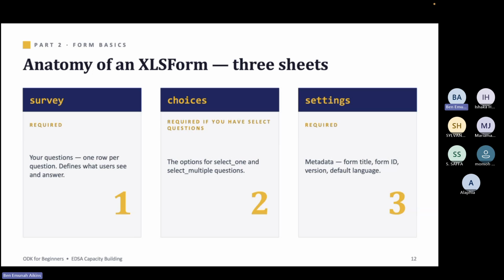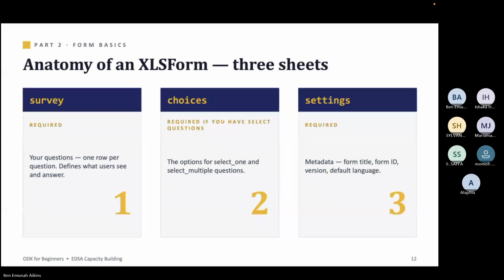The first worksheet is the survey sheet. That is where my questions will be defined, one row per question, and I am dictating what users will see and how they will see it. I'm repeating: on the survey sheet, I am basically building my questions, and defining what users see and how they see it.